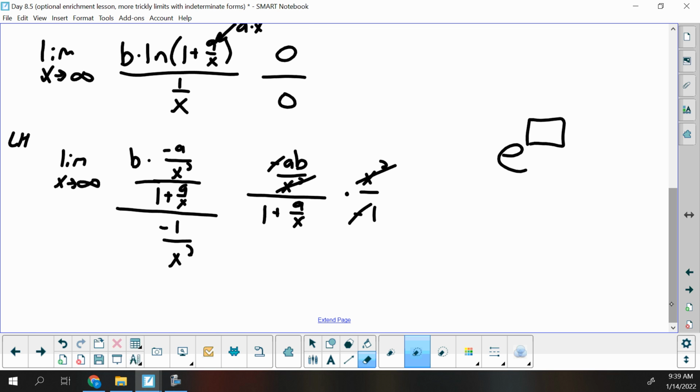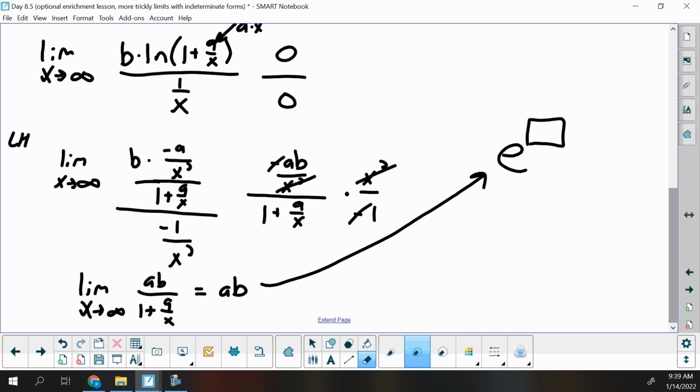So we're just left with the limit as x approaches infinity of ab over 1 plus a over x. As x goes to infinity, the a over x is going to 0, so this will just be ab over 1, or in other words, ab. But don't forget, that's really just our exponent, so our actual answer is that this original limit should approach e to the ab.